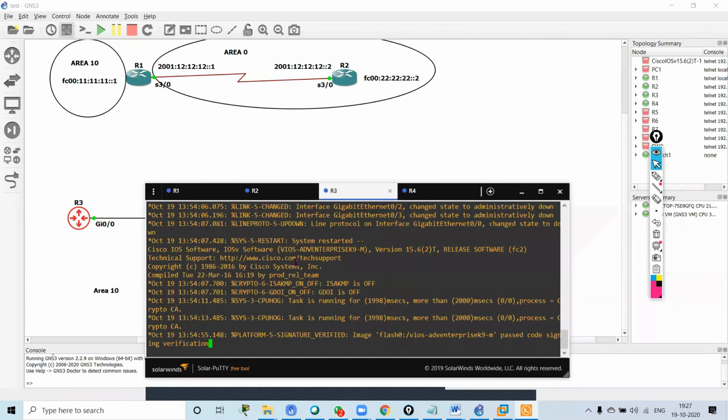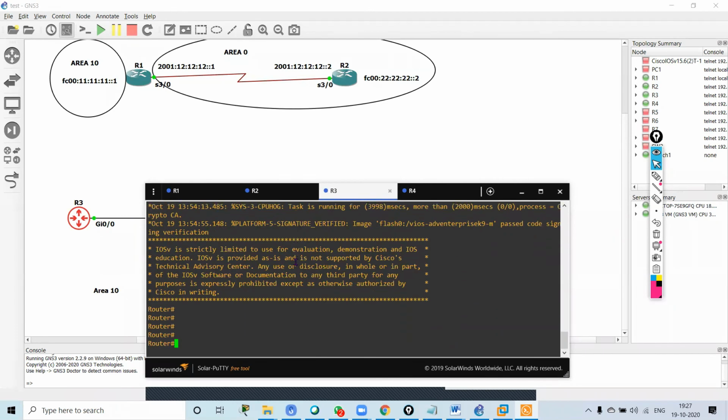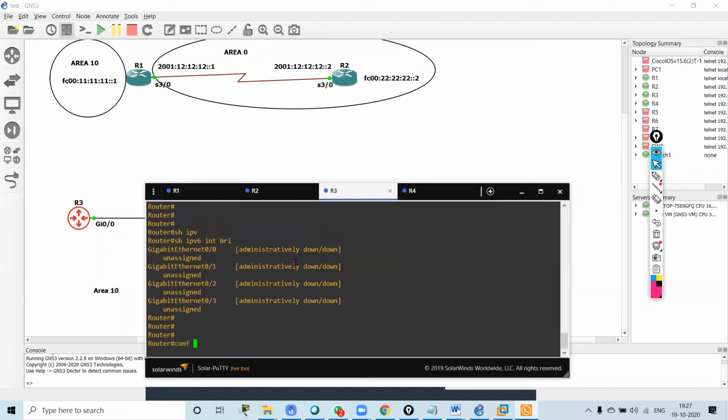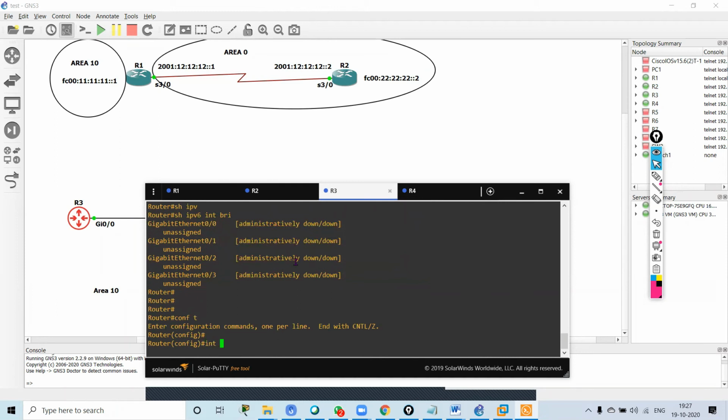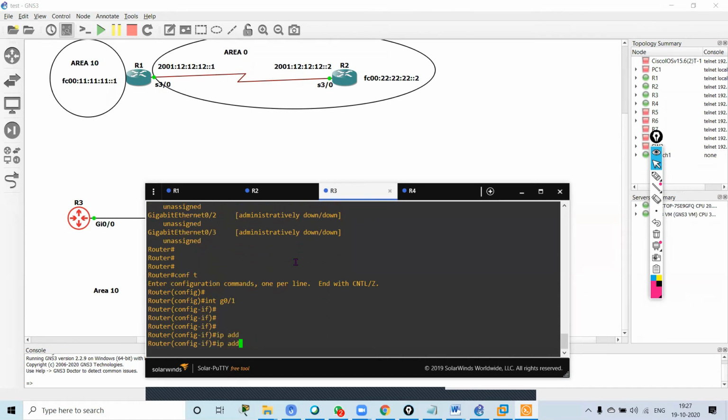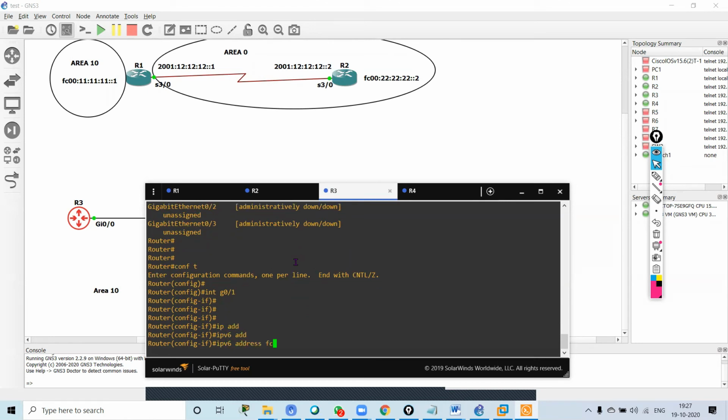Now EIGRP, I will be seeing over here. Show IPv6 interface brief. No IP address. First, I'll configure the IP address. Gigabit 0/1, IPv6 address FC00:11:11:11::1/64.